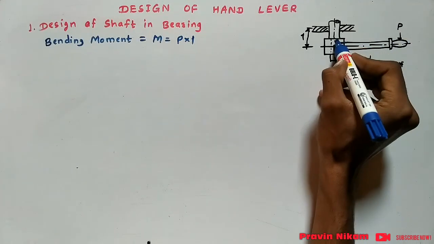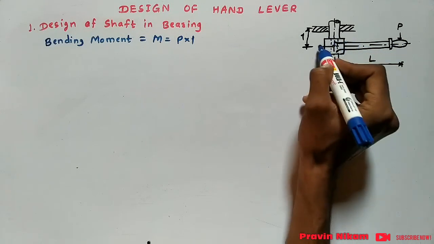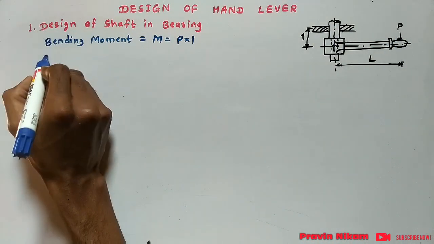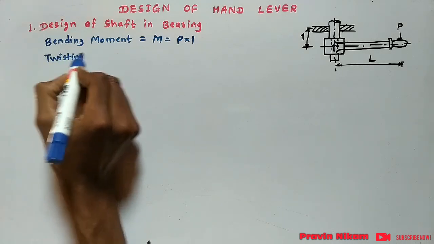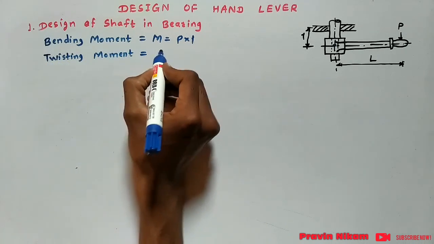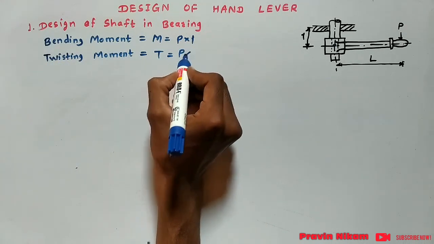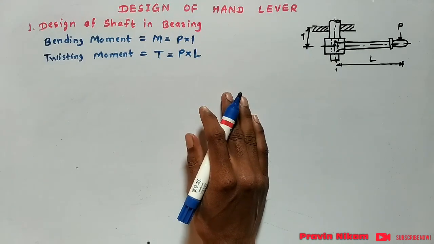You can transfer P here, so P into small l. Then the twisting moment T is equal to P into capital L.